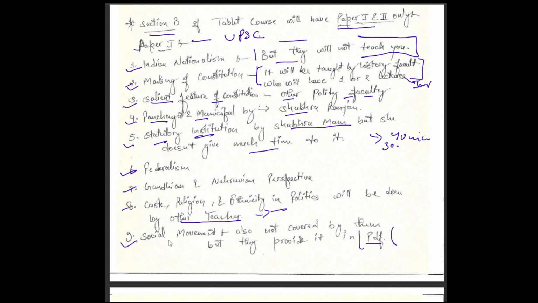They don't give time to social movements or teach about them, but they give some portion in the PDF. But I think it is not good to read from their PDF. You can go for your GS PDF because it is in much more detail: GS classes, GS lectures, notes.